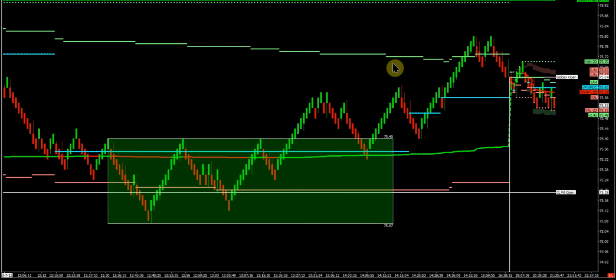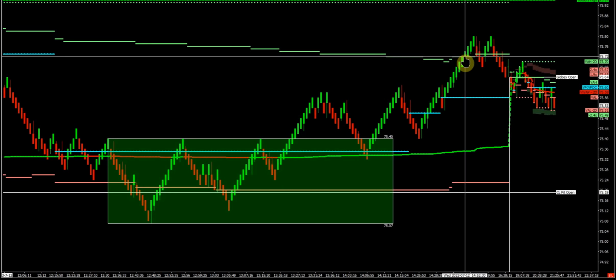You could have aimed, see where this value area high is right here? The value area high, you could have aimed for that as a target. Okay, but you're looking at 75.33 up to 75.72.